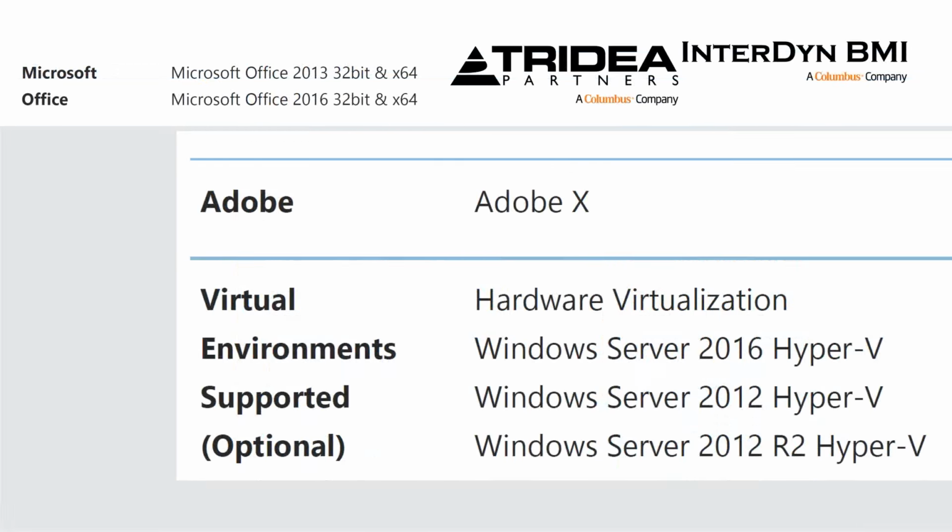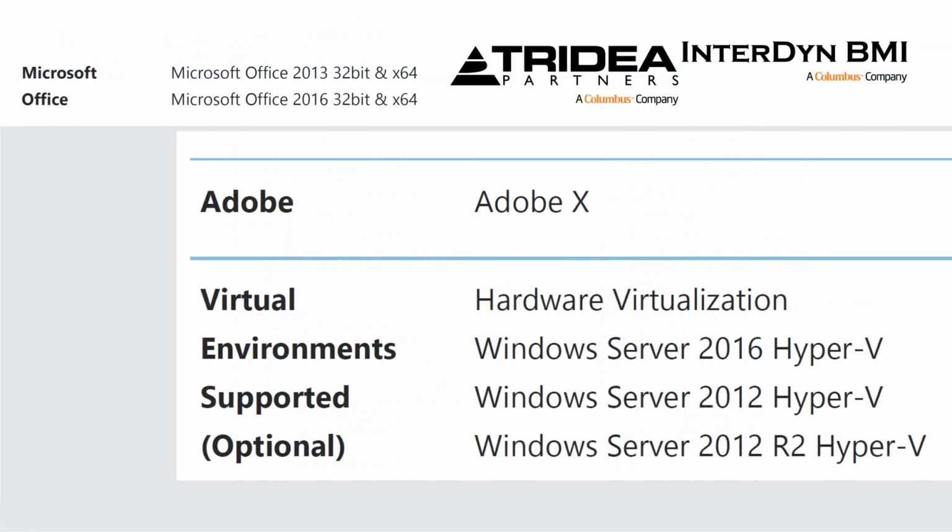Office, so Word, Excel, PowerPoint, and so forth, version 2013 or 2016 are supported on Dynamics GP 2018. If you get back to Office 2010 or way back, you probably would need to upgrade that.